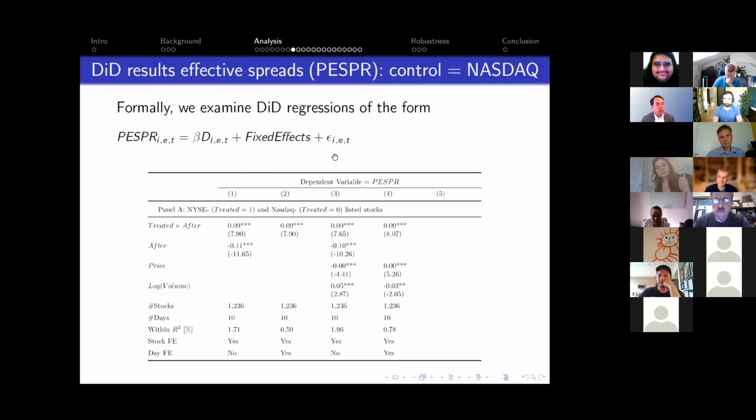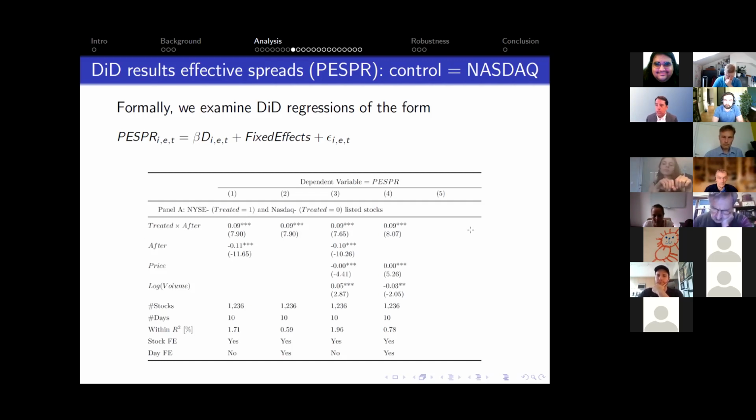So the first thing I'm going to look at is how effective spreads, proportional effective spreads, changed when the floor was closed for NYSE stocks relative to NASDAQ stocks. And this coefficient, treated times after, gives you the difference in difference result. Across these different specifications, we consistently have a result that proportional effective spreads increased by about 9 basis points.